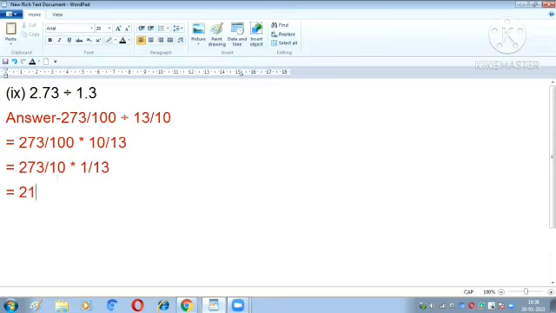So 21 upon 10. Since there is 10, which has only one zero, we will leave one digit from the right hand side. So our answer will be 2.1. So 2.1 is the answer of ninth bit.